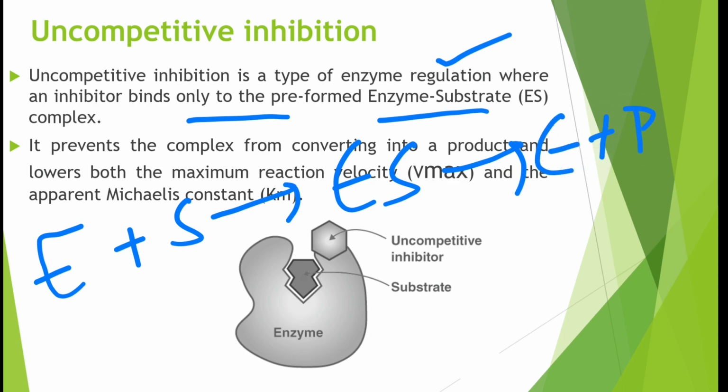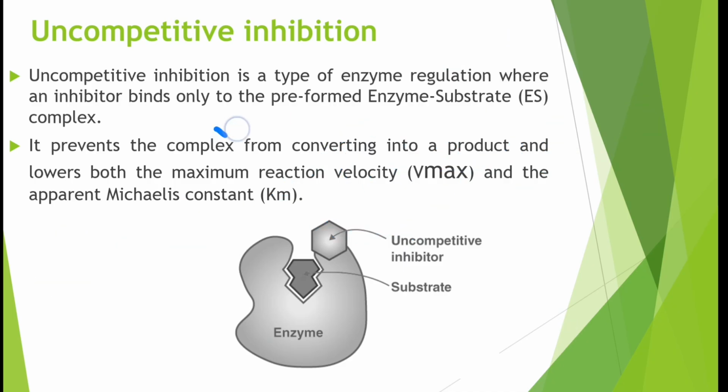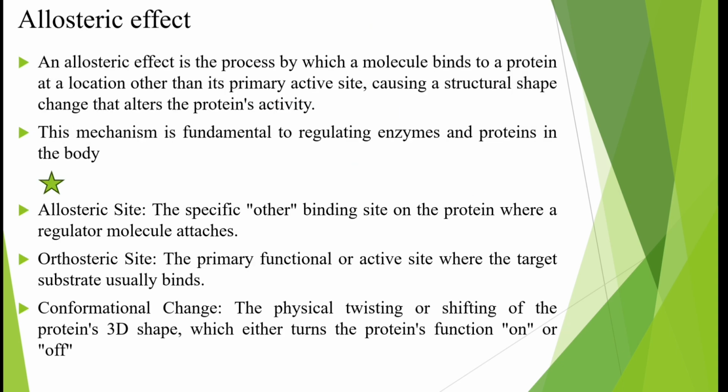In this case, the inhibitor binds to the preformed enzyme-substrate complex and prevents the complex from converting into product, lowering both the maximum reaction velocity and the apparent Michaelis constant. So finally they lower the reaction rate of the system.